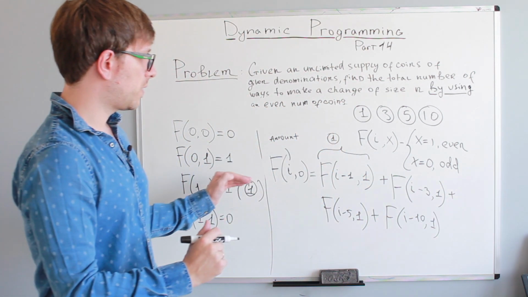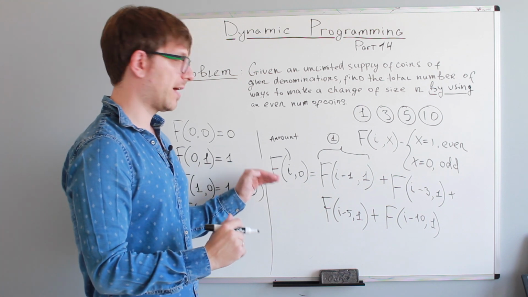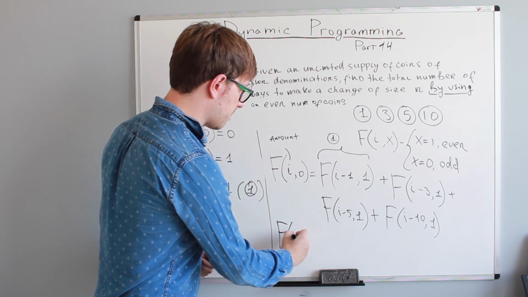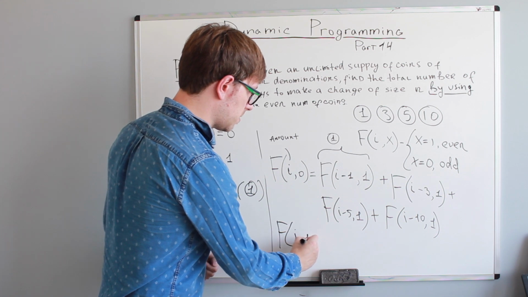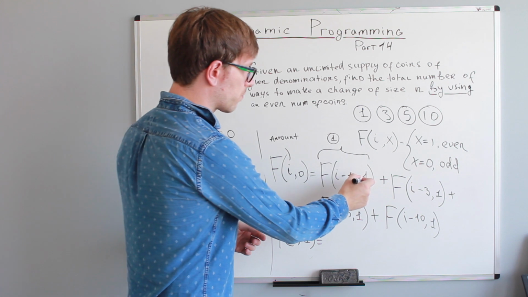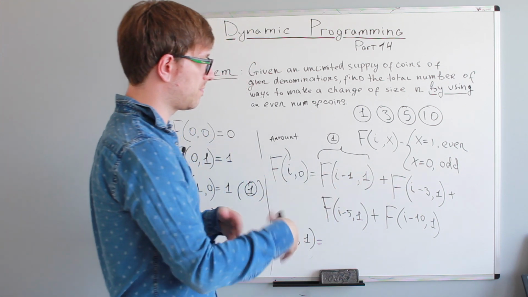What happens when we have an even number of coins? So f of I, 1 is basically the same, just the x is going to be the opposite, right?